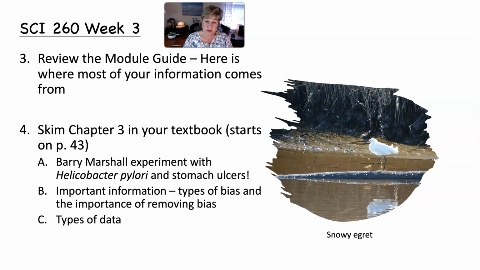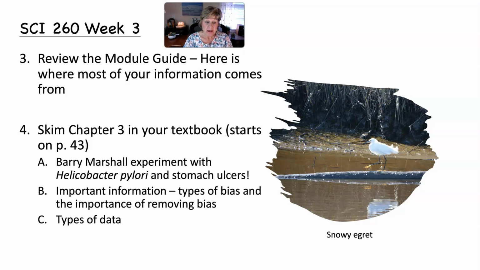One of my friends in graduate school actually got these bacteria to grow in culture, which was quite a feat. But these are bacteria that we now know cause stomach ulcers. For many decades, everybody thought ulcers, stomach ulcers, ulcers in your small intestine, were caused by eating the wrong foods, like spicy foods or acidic foods, or just stress, etc. So there were lots of different causes that people thought ulcers were caused by.